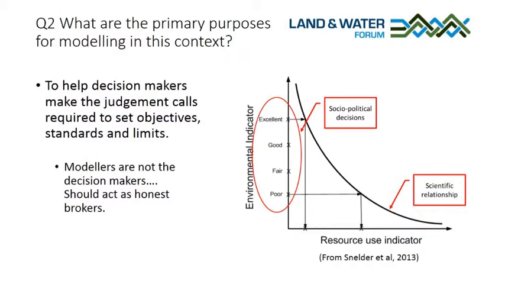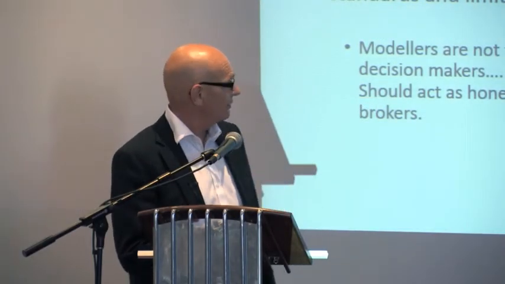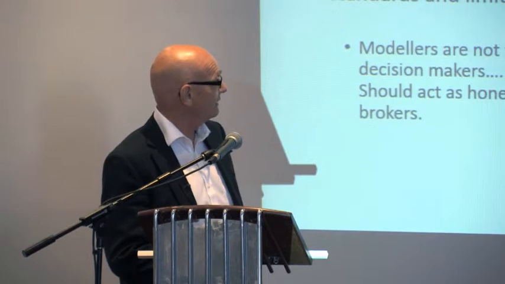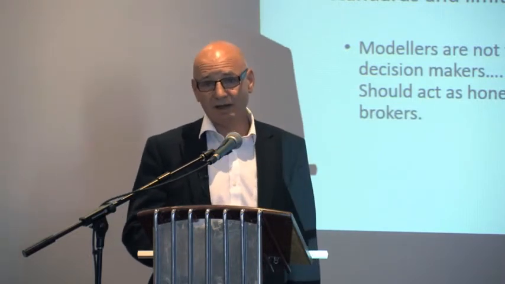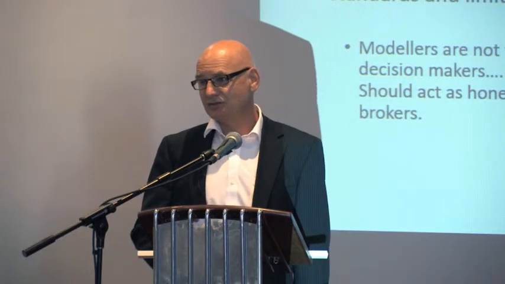Here we have how one indicator or one attribute changes in response to a resource use indicator. The role of the scientist and the modeler is to provide this relationship. It's not the role of the modeler to tell the community where on here we should be aiming to hit or to achieve. That's the job of the decision makers.